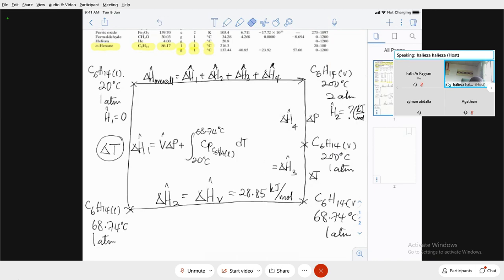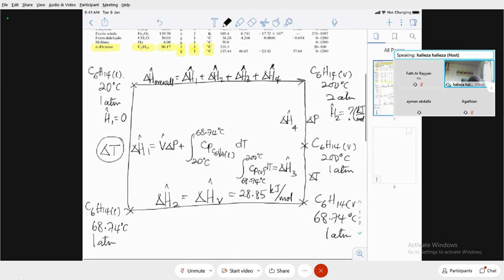That is going to be from what temperature to what temperature? 68.74 to 200. You start from 68.74 degrees C, your final temperature 200 degrees C. Now I'm going to write this vapor dT, because you're already in the vapor phase.